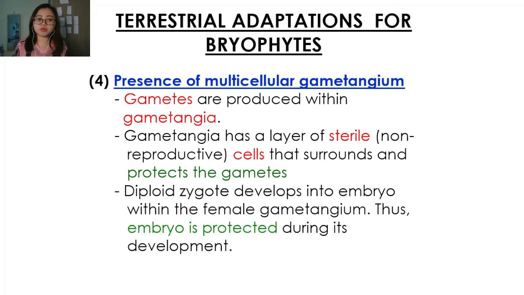The diploid zygote will develop into an embryo within the female archegonium, thus the embryo is protected during its development. Okay, disebabkan ada sel-sel, ada organ yang melindungi dia, which is the gametangium, gamete-gamete dan zygote dilindungi. Itu membolehkan dia hidup di daratan dan tidak kering.